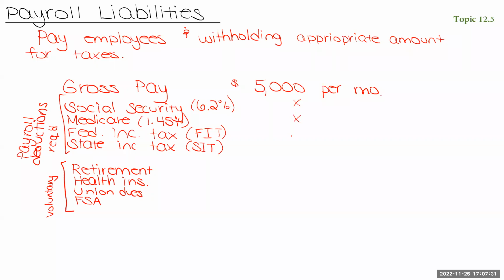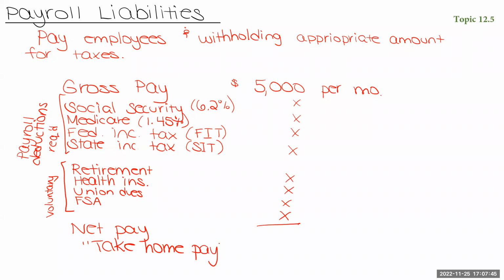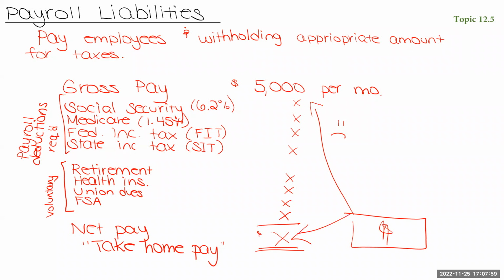So all those items are deducted from your gross pay to get to your net pay, also called take-home pay. Right? The actual amount that your payroll check is for. Okay, so we all know when we open up our payroll check, it's sadly not our gross. We get to take home and deposit our pay after all of those deductions.